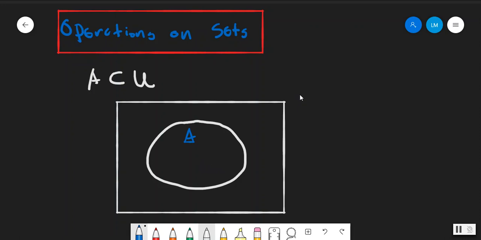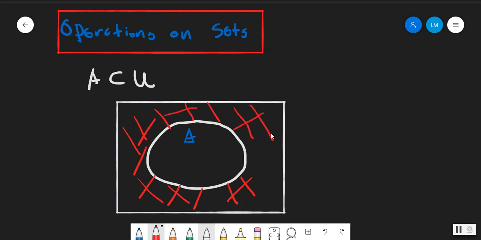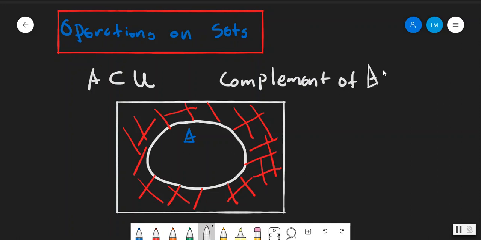Now, what we want to look at is, in particular, everything outside of A. So everything outside of A has a particular name, and that's called the complement of A.